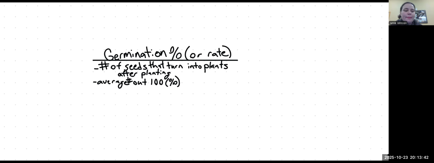What is germination rate useful for? Well, it's useful for calculating the amount of seed that you need on a large scale.